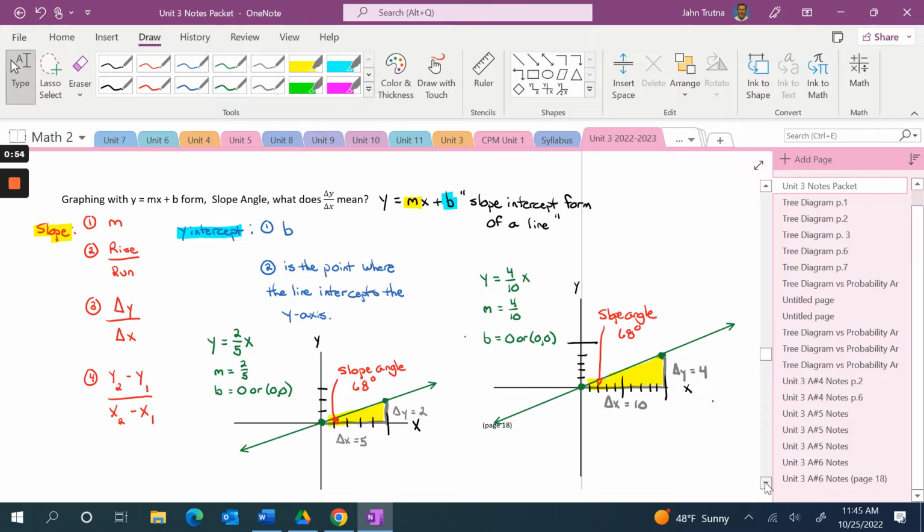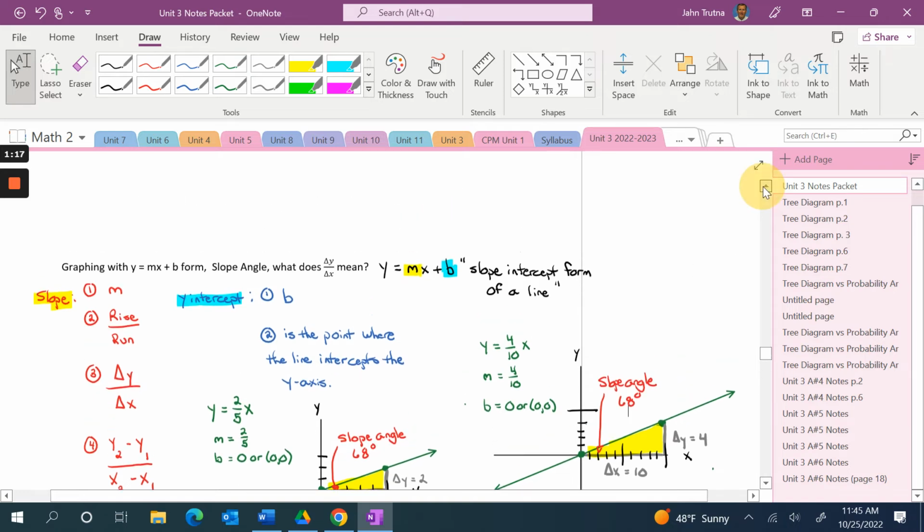So the video will not entail these notes here, where we went over graphing, slope, y-intercept, how to graph, how to make a slope triangle, which are the triangles in yellow, and then how to identify the slope angle. We did not go over how to figure out that the slope angle is 68 degrees. I gave that to you there.